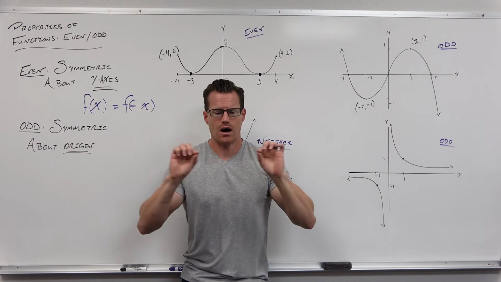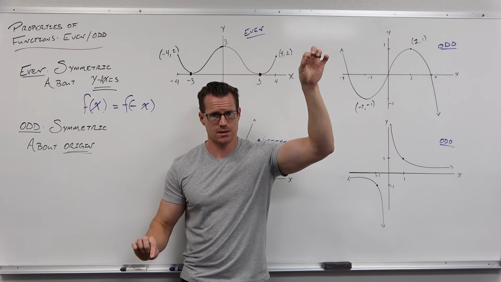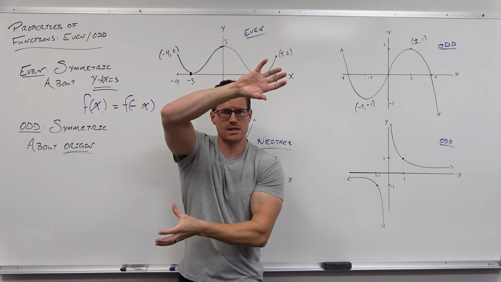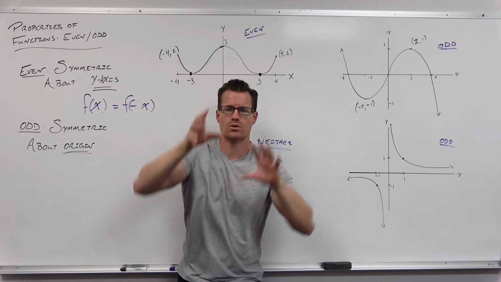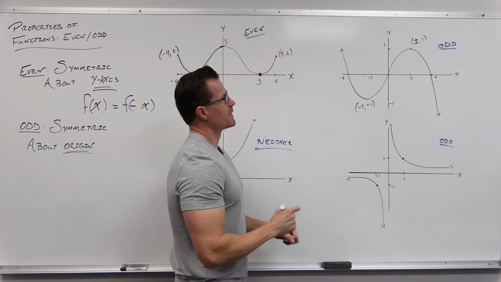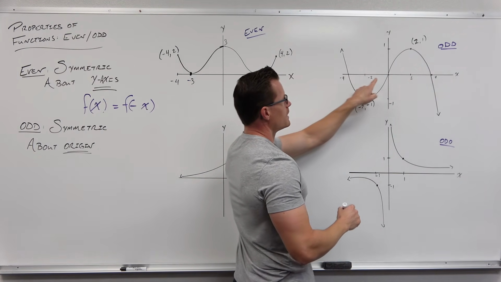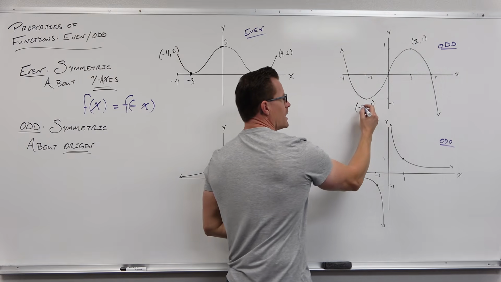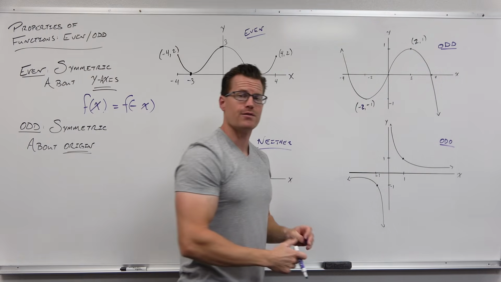I want to be able to plug in opposite inputs and get opposite outputs out. That would give us this ability to rotate and have the same exact picture, 180 degrees, or about the origin. If I take +2 and -2, I'm getting opposite outputs, 1 and -1. Every single odd function will have that feature.